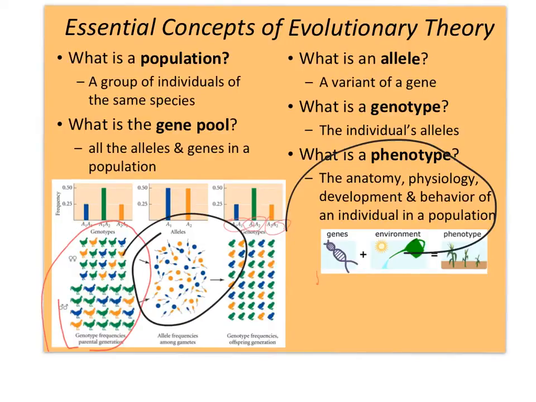Now, one misconception is that genes code for traits. They don't. They code for proteins. So you have an allele, in this case, we'll say an allele that gives color to these chickens. You say, well, that's a trait. No, that's a pigment.